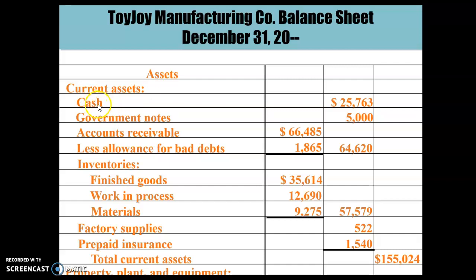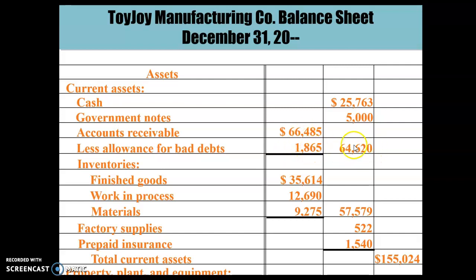So here's the cash, is already cash. These government notes are like investments that we can easily sell to get cash. Accounts receivable are the customers that owe us money. We're subtracting out the amount that we think the customers aren't going to ever pay us.